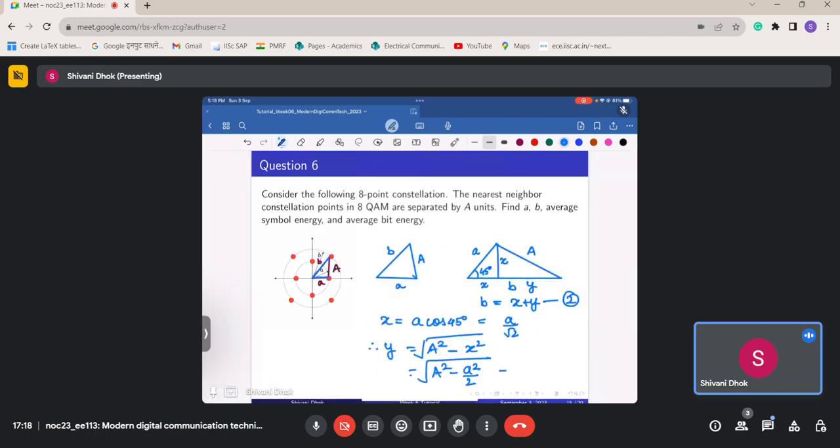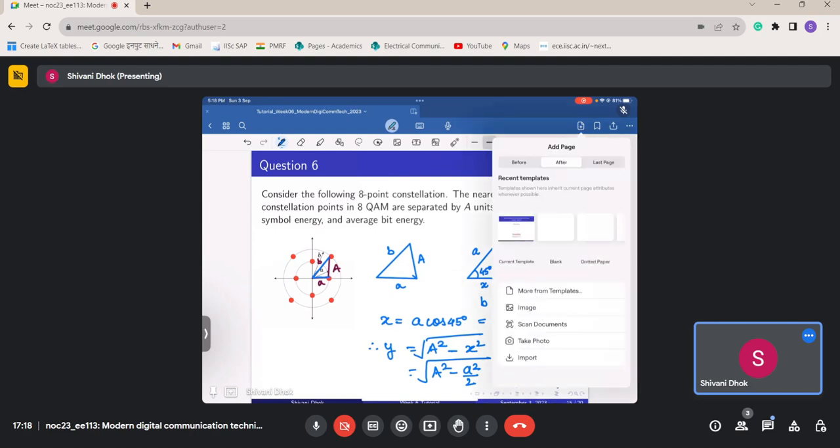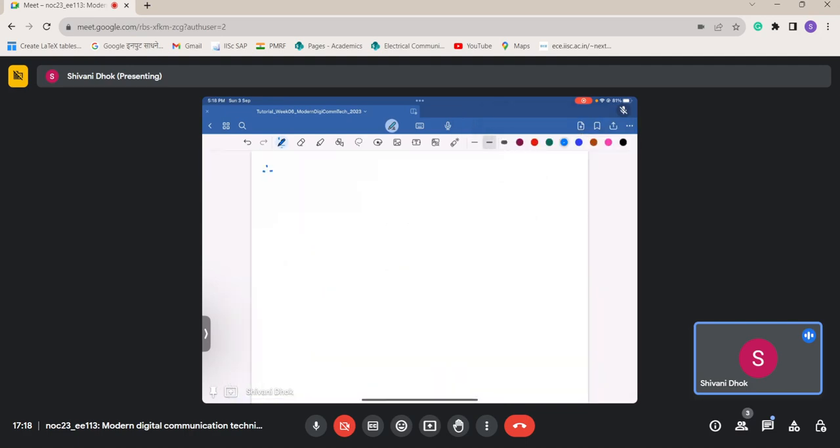So this I can replace as a square minus capital A square by 2, and that's why it becomes capital A square by 4. So y is equal to under root of a square minus capital A square by 4. This is equal to under root 3a square by 4, which is equal to a by 2 root 3.